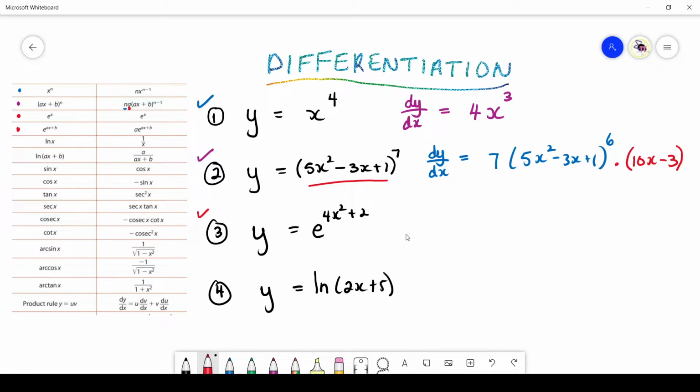Now, when you're differentiating exponential functions, once again, you start off with your answer in the form dy/dx being equal to something. Now, the beautiful thing about exponential functions is that after differentiating, your final answer always has a component of your original question. So we are actually going to rewrite that e to the power of 4x squared plus 2 as part of our answer.